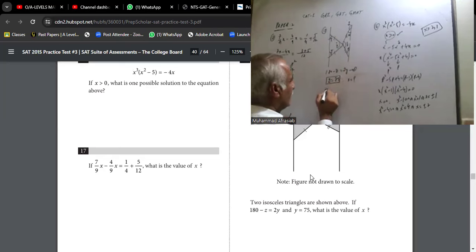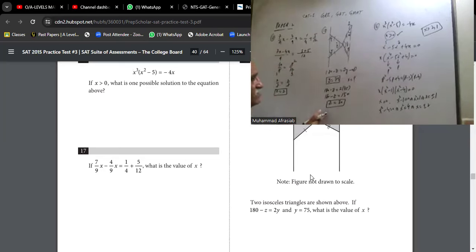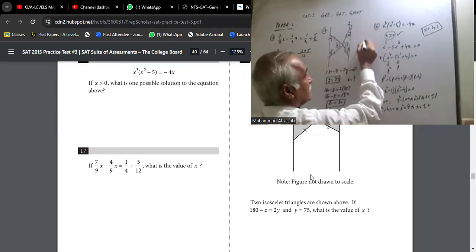So 180 minus z is equal to 2 into 75. 180 minus z is equal to 150, or z is equal to 180 minus 150, that is equal to 30 there.